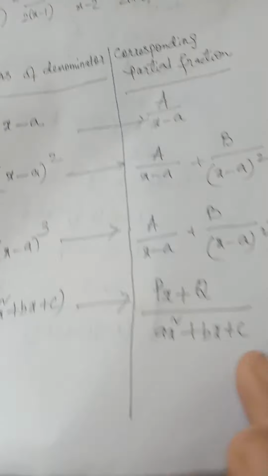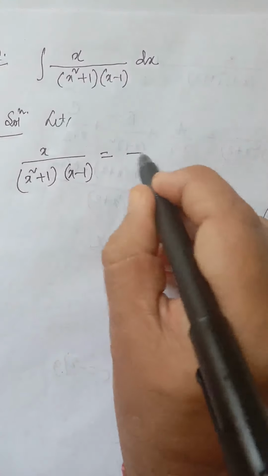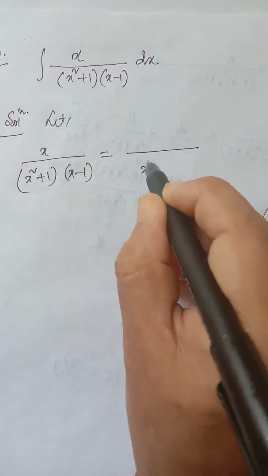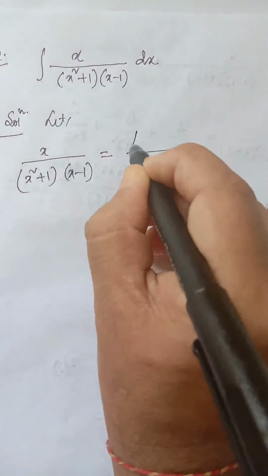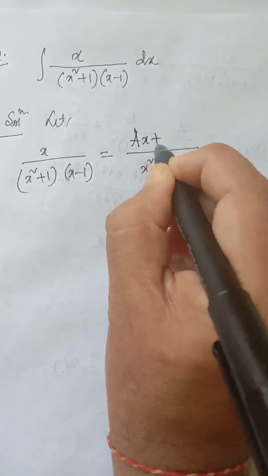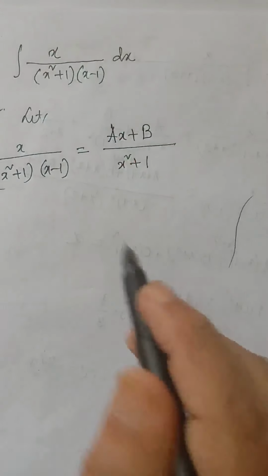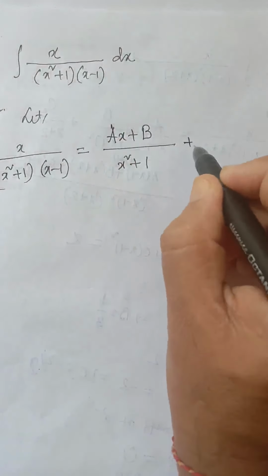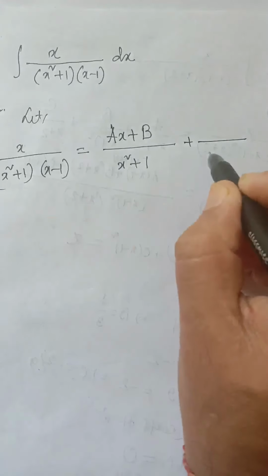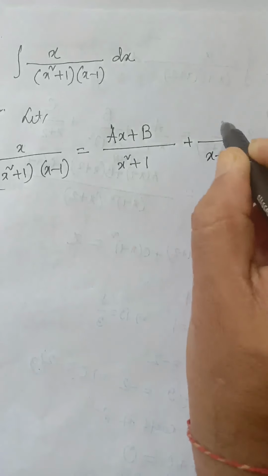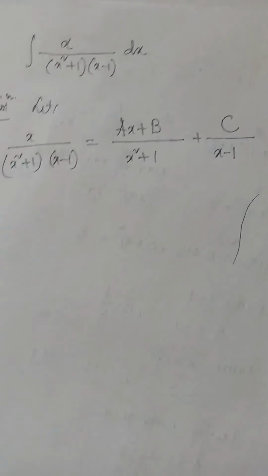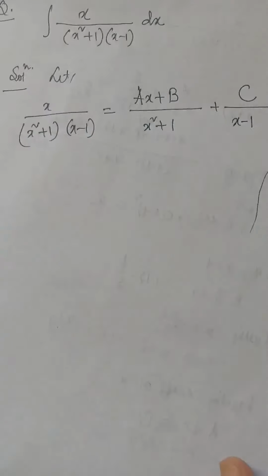So for this we will write the corresponding partial fraction with ax plus b in the numerator. And for x minus 1, a linear factor, the corresponding partial fraction will be c by x minus 1. Now we have to find a, b and c.